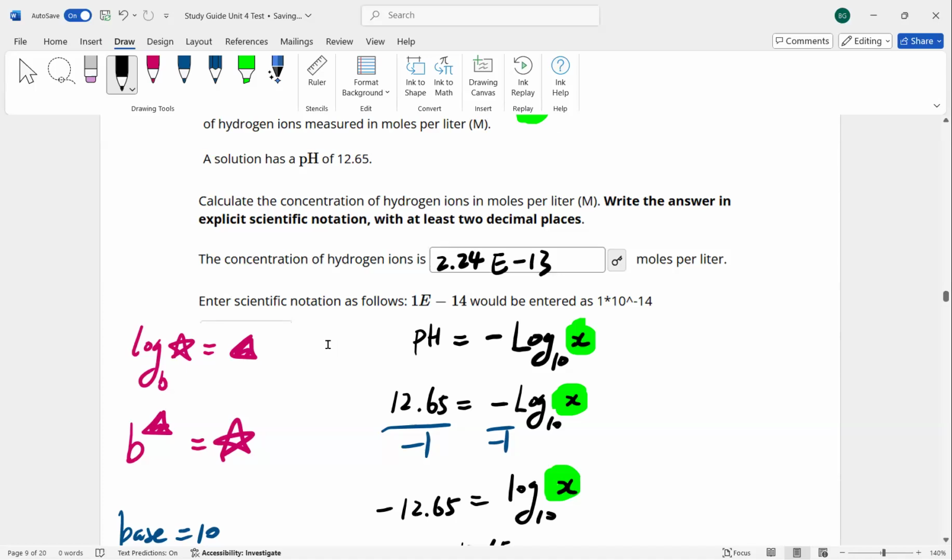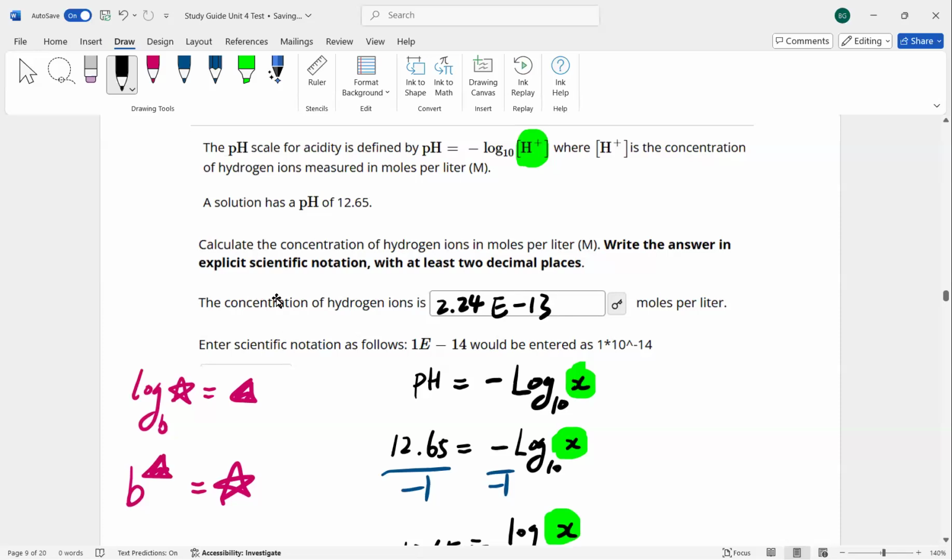It says explicit scientific notation with at least 2 decimal places. Okay, I think they want you to enter this. So you should do 2.24 times 10 to the power of negative 13. All right, you're going to do that.